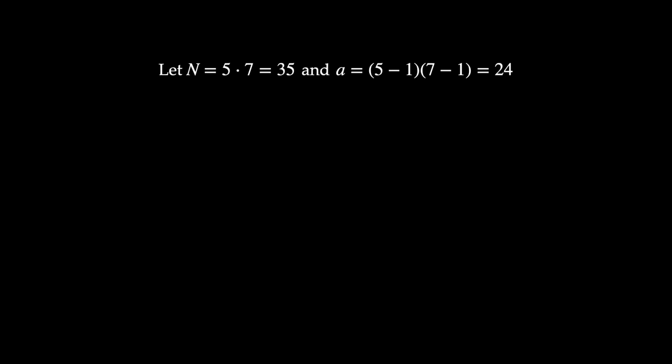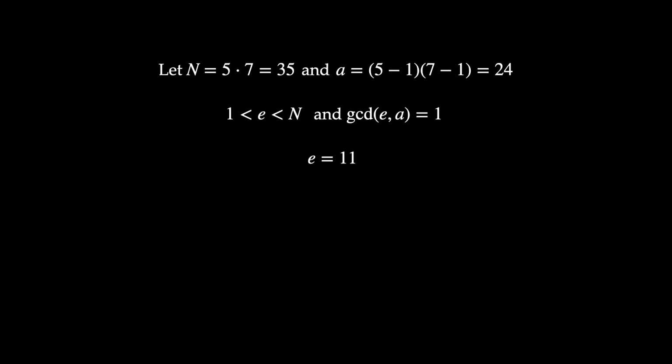So next we choose a number e, which is between 1 and a, such that e and a are coprime. In this example, we will choose e equals 11.